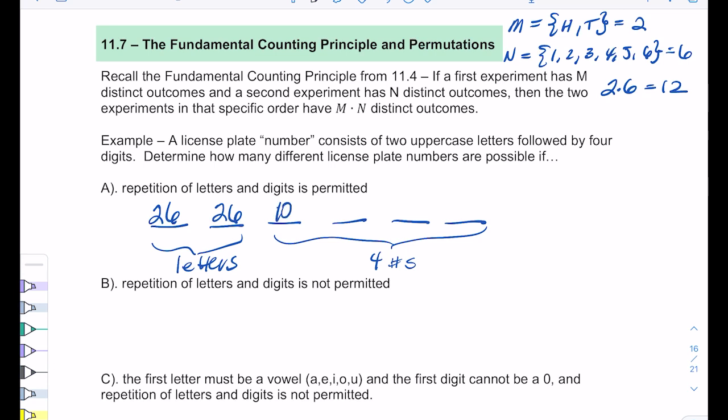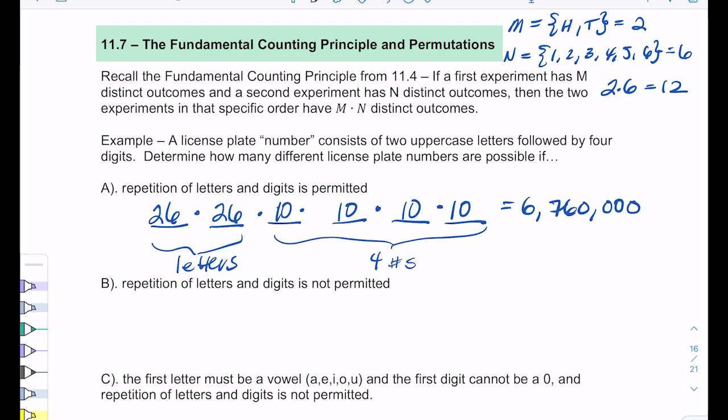So I've got 10 for the first to choose from, 10 for the second, 10 for the third, and 10 for the fourth. Using the counting principle, I'm just going to multiply all 6 of these numbers together. When you do that, you'll end up with 6,760,000. So that's a lot of different license plate numbers, and they're all different.